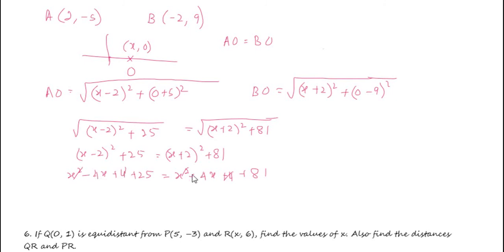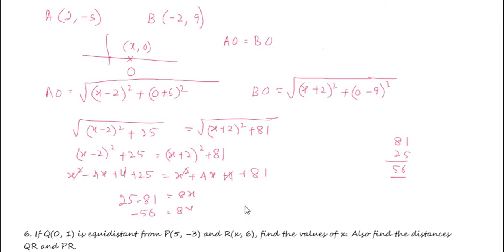This 4x I will take to the right side, so that is 4x plus 4x, 8x. 8x is equal to 25 minus 81, that is minus 56.